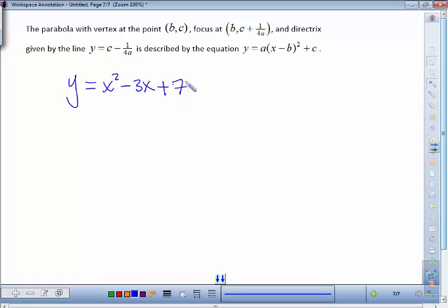We know that this is a parabola because it's a second order polynomial, right? Let's identify all the different things that we need to identify. Let's find the vertex, the focus, and the directrix for this. Well, I'd like to just be able to pull out the a, the b, and the c, but I can't seem to do that because it's not written in this form.